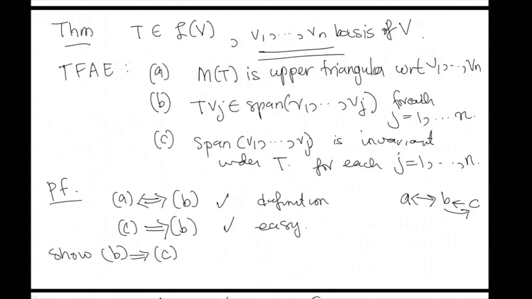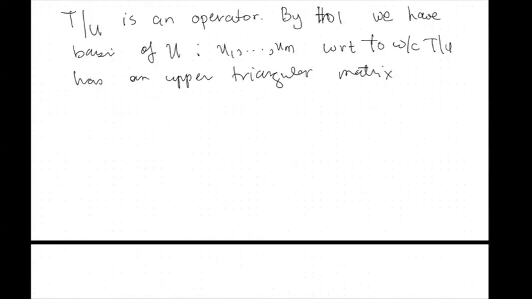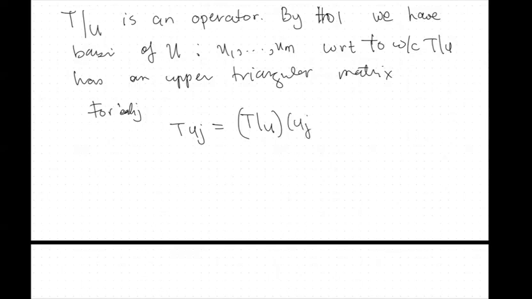With respect to a basis, we just invoke that, and then we have an upper triangular matrix for our operator T restricted to the subspace U. Applying the theorem for each j, T u_j, which is T restricted to U applied to u_j, is in the span of u1 to uj for each j.